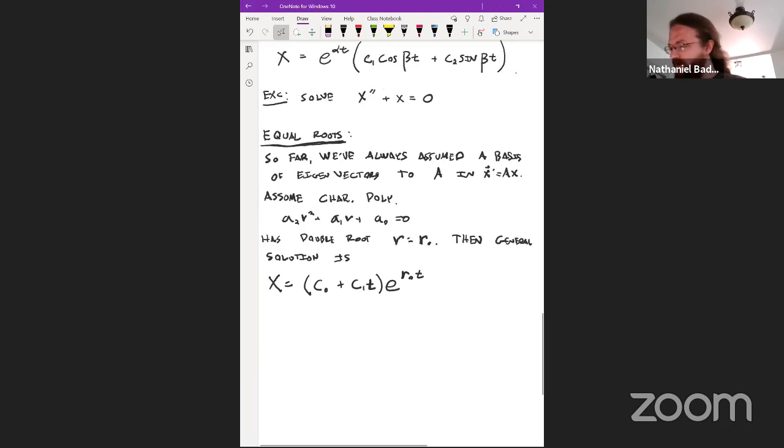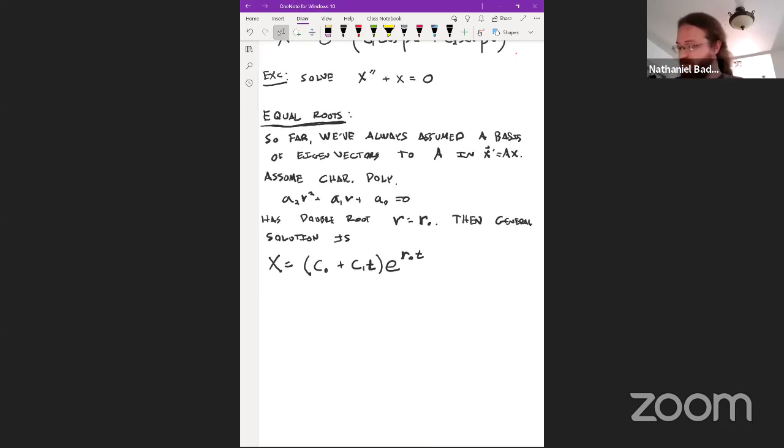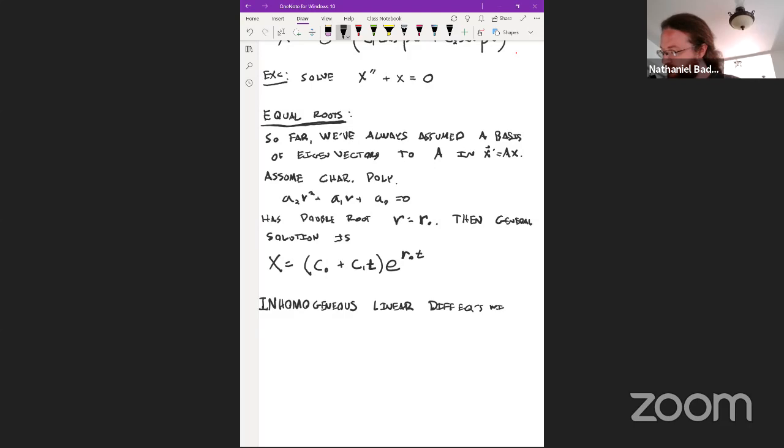And the kind of interesting case is what happens in the inhomogeneous case, linear, constant coefficients.